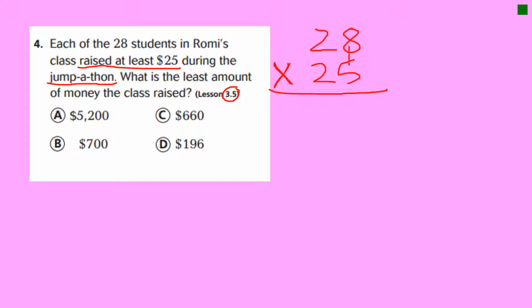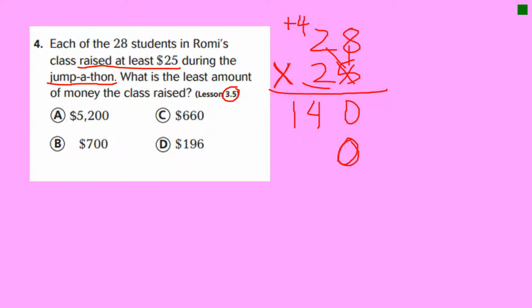Okay, so 5 times 8 is 40. 5 times 2 is 10, and then we have to add on that set of 10 that we just regrouped. So that's 14, right? 10 plus 4. We have our placeholder there. We are done multiplying ones times ones, so we have a placeholder there.